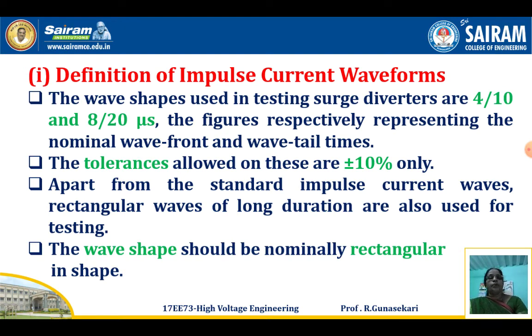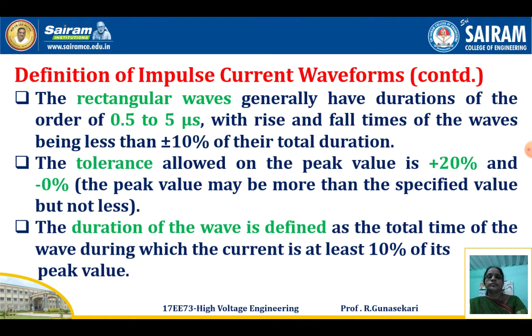Apart from the standard impulse current waves, rectangular waves of long duration are also used for testing. The wave shape should normally be rectangular. Rectangular waves generally have a duration of the order of 0.5 to 5 microseconds.